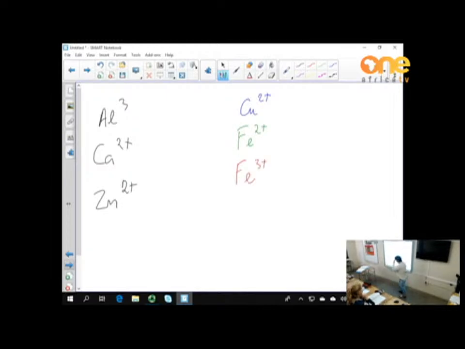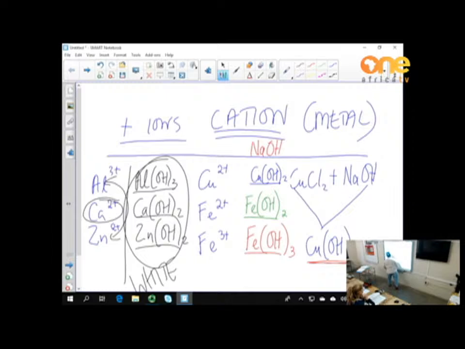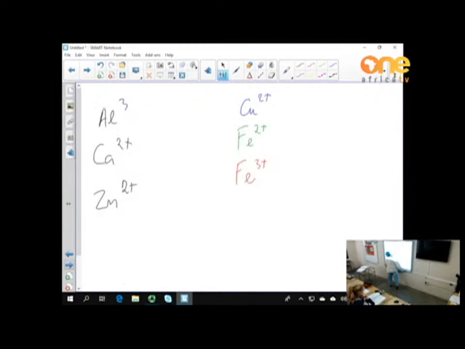All right. Now, the first set of tests, we used what as a reagent? Sodium hydroxide. Now, there's a second set of tests that we can use. The reagent that we will use is ammonia solution.